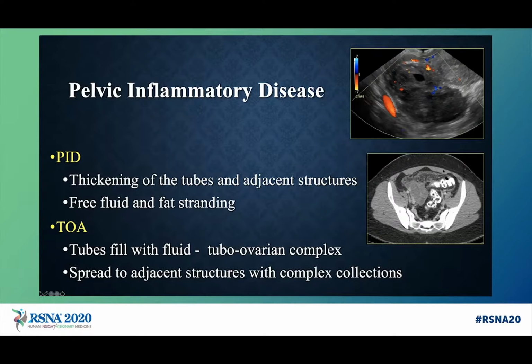With the formation of a tubo-ovarian abscess, you'll see that the tubes fill with fluid and the inflammatory material spreads across the pelvis to involve the ovary, producing a tubo-ovarian complex, making the ovary and the tubes difficult to distinguish. And with the continued spread of this inflammatory material, you can observe other complex collections.